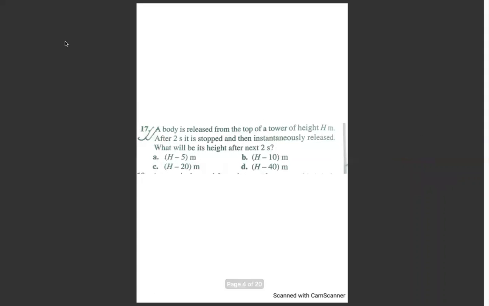Question 17. Motion under gravity, the most important concept. The highest number of questions are asked from this concept.